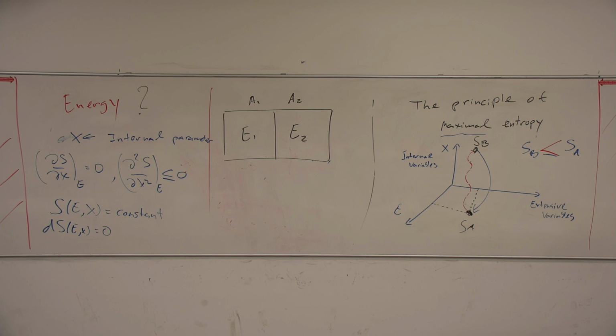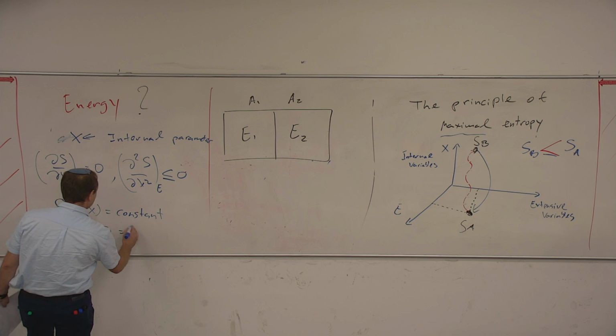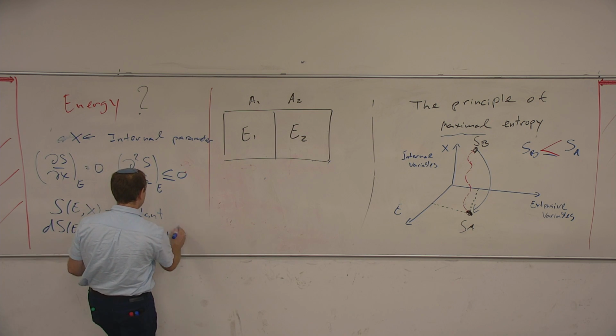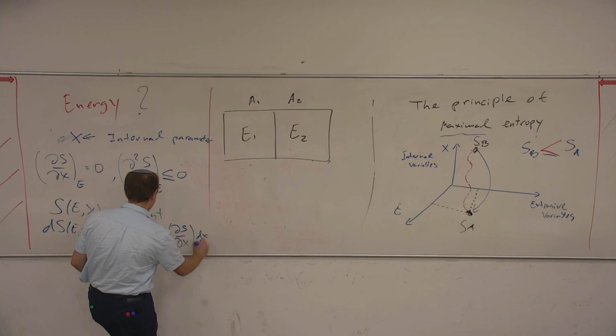Because the differential of something which is constant is simply 0. So what do we have? That 0 equals ∂S/∂E dE plus ∂S/∂x dx.